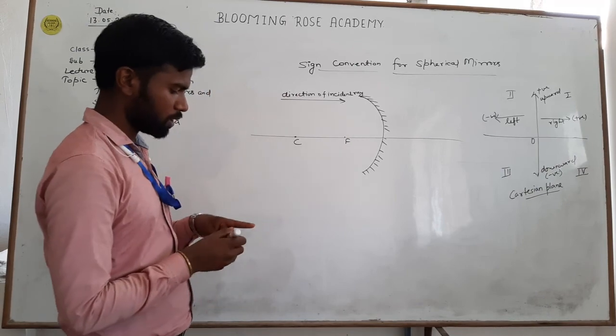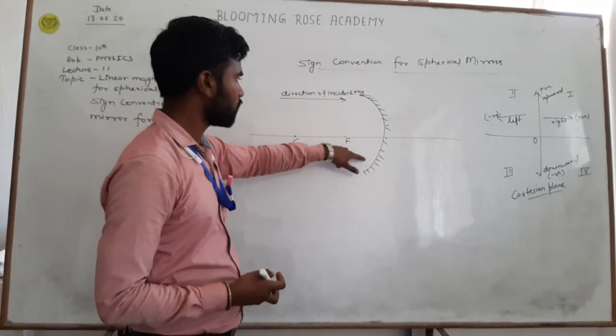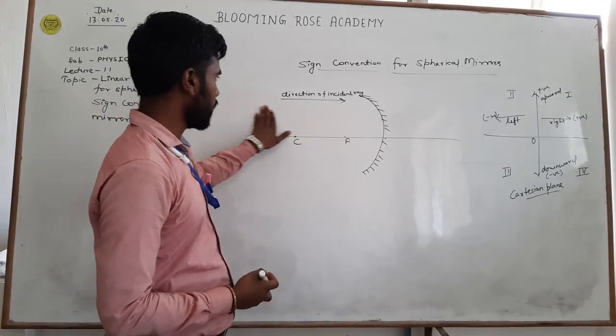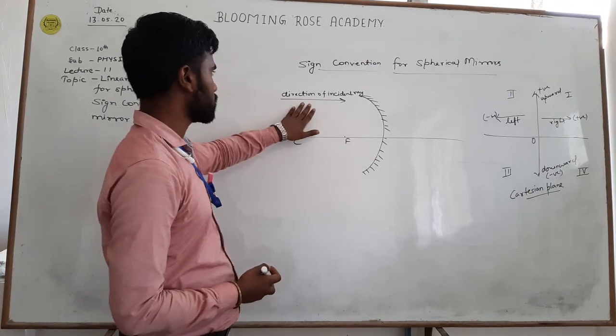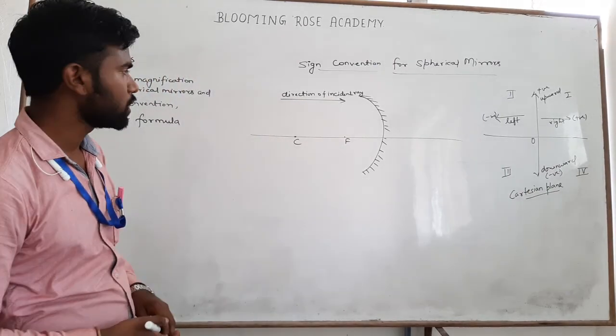In a concave mirror, this portion is the reflective face, so light will enter from here. This is the direction of incident ray.